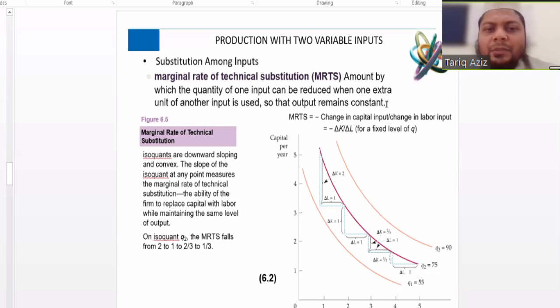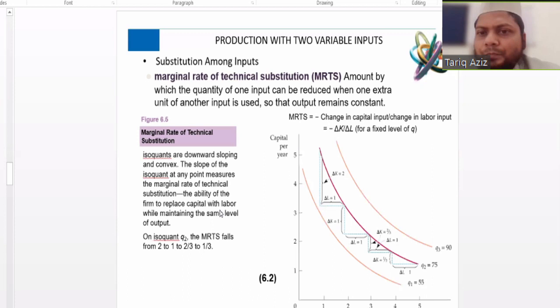The slope of the isoquant at any point measures the marginal rate of technical substitution. The ability of the firm to replace capital with labor while maintaining the same level of output.